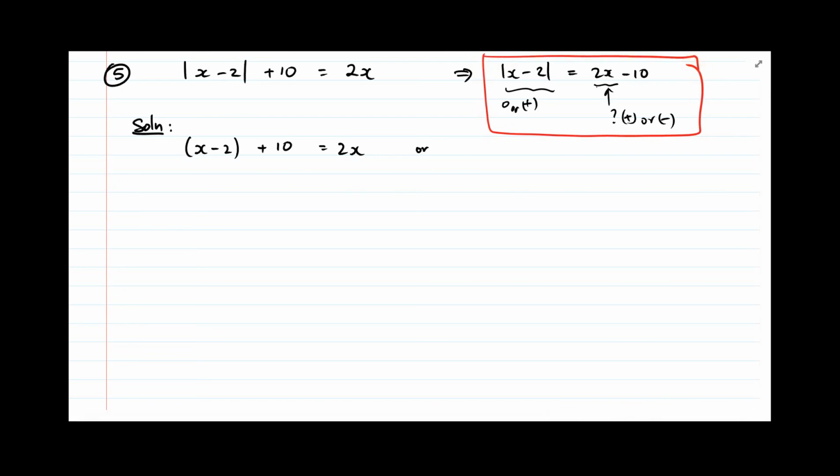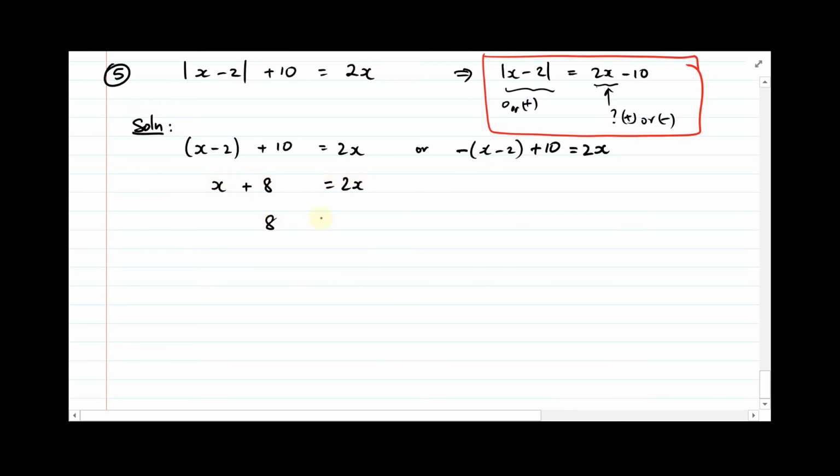The sign is just the same as you had before. x minus 2, negative of this, plus 10 is equal to 2x. All right, let's work out, removing all the brackets. We end up with x plus 8 equal to 2x.